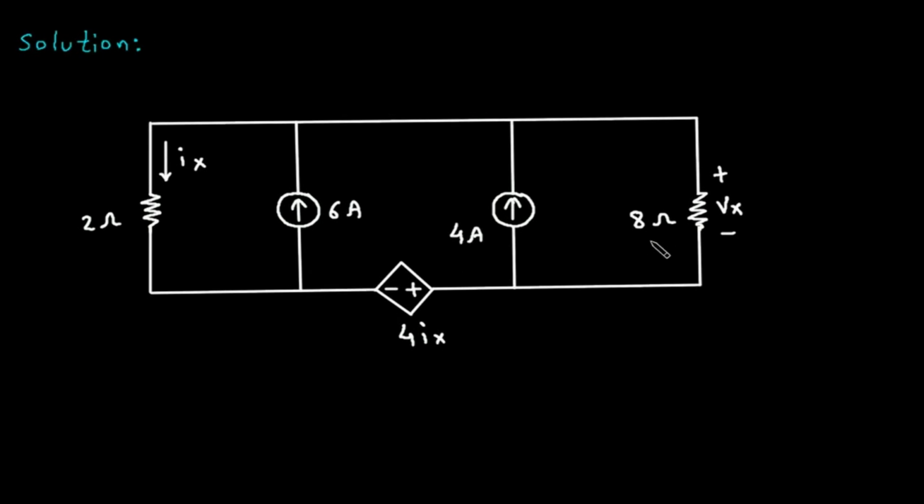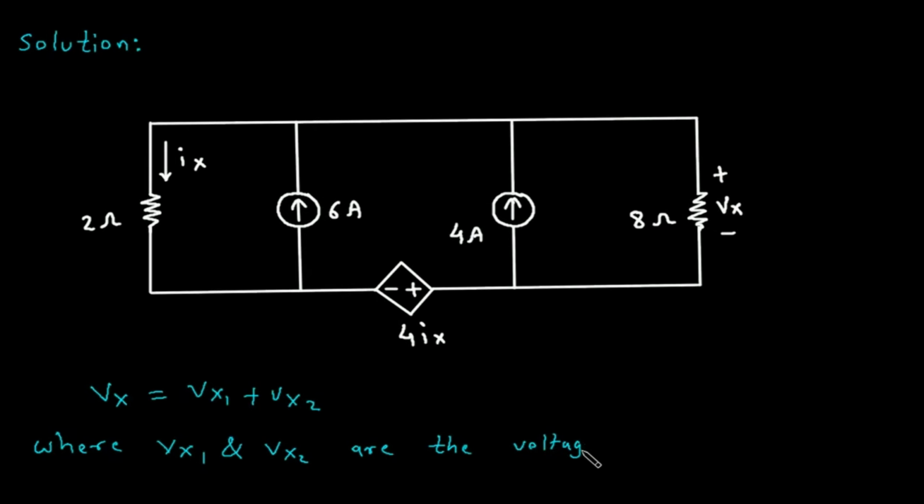Now let's say Vx is equal to Vx1 plus Vx2, where Vx1 and Vx2 are the voltages due to 6 ampere and 4 ampere respectively.